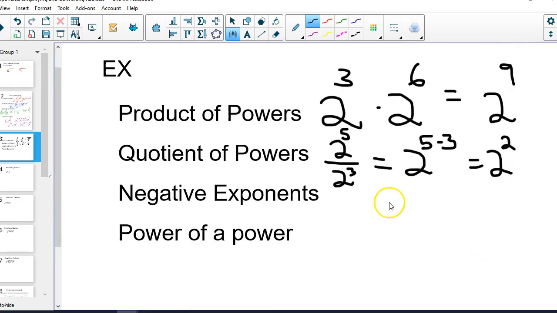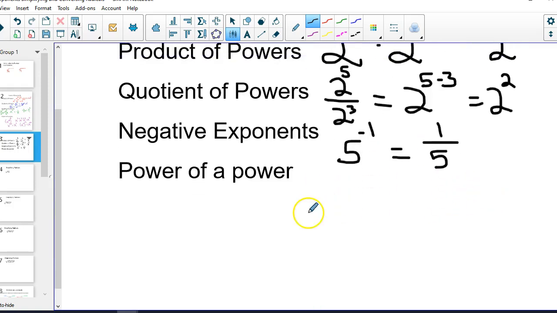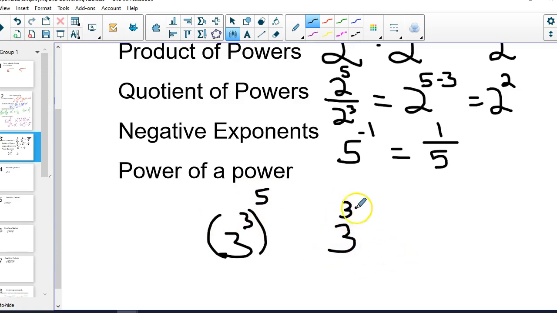Negative exponents: if I had 5 to the negative 1st power, it'd be the same thing as 1 over 5. And for power to a power, say we had 3 cubed to the 5th power, I would multiply my 3 and my 5, so we'd get 3 to the 3 times 5, which is 3 to the 15th power.